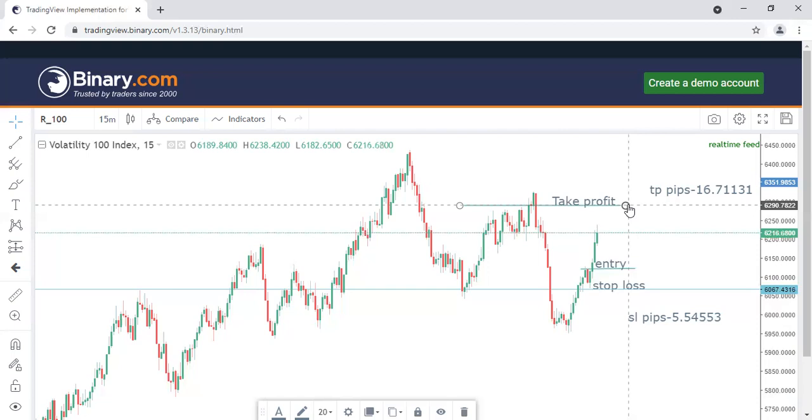If you're using 0.1 lot size, this represents $1 per pip. So if it moved by maybe 10 pips, you'll be making $10 on that trade. The 1 lot size represents $10 per pip. So if it moved by 10 pips, you'll actually be making 10 times 10, that's $100.